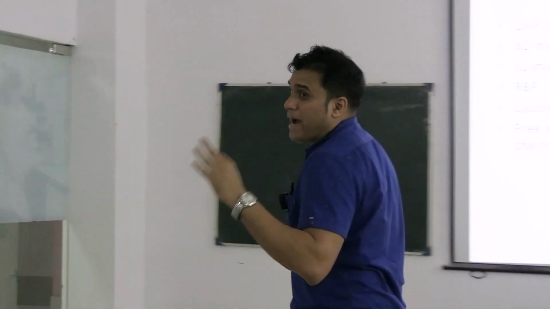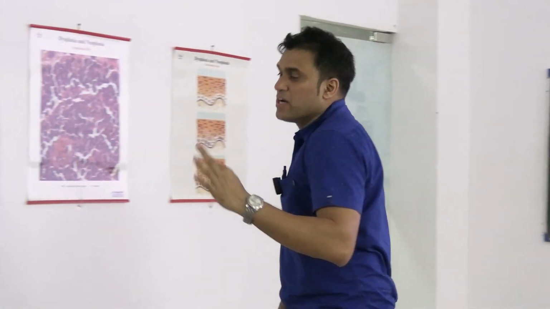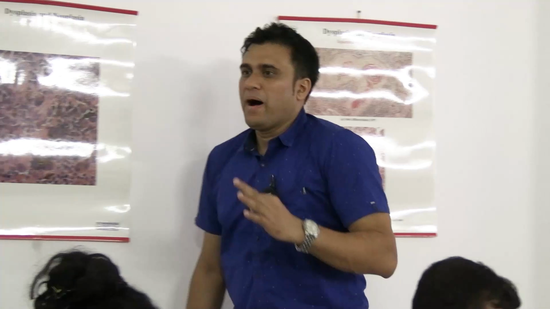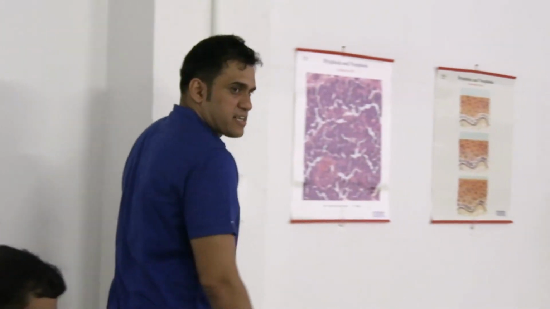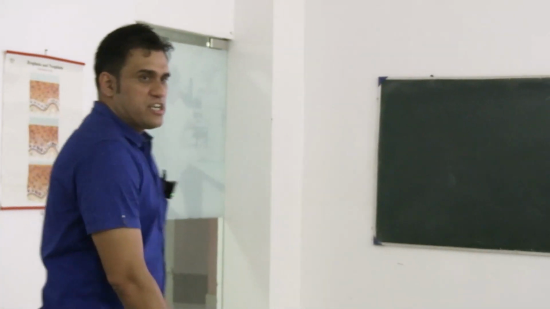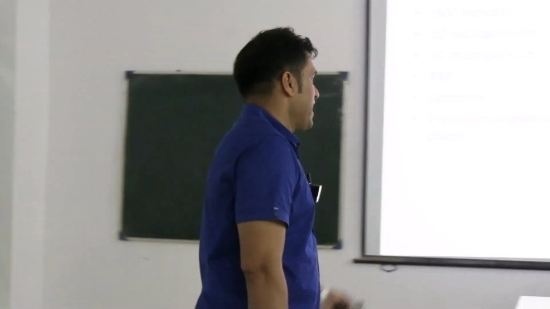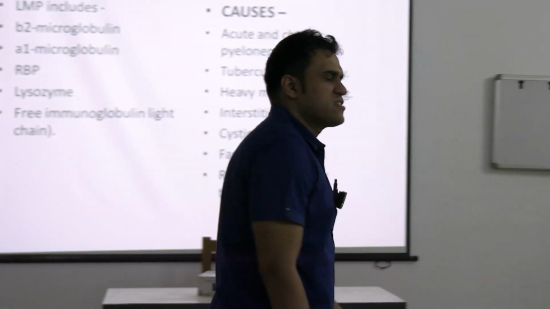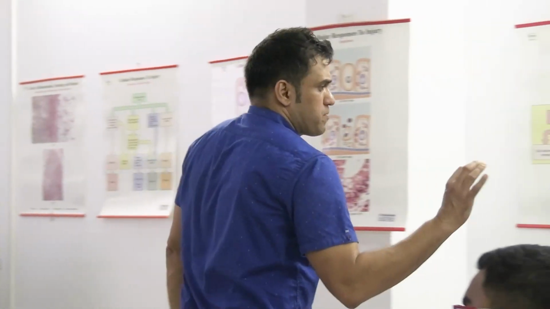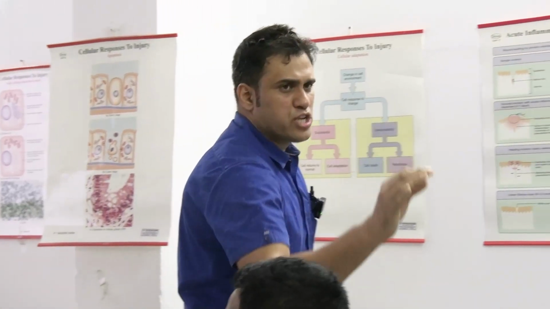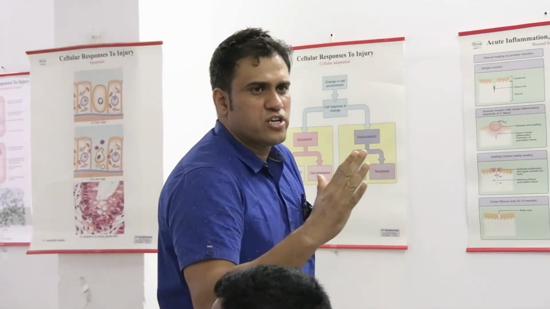Acute and chronic pyelonephritis. Tubules, right? Tuberculosis of kidney, heavy metal poisoning, interstitial nephritis, cystinosis, Fanconi syndrome, rejection of kidney transplant. You just need to remember a few of them. So the renal tubules are involved here.